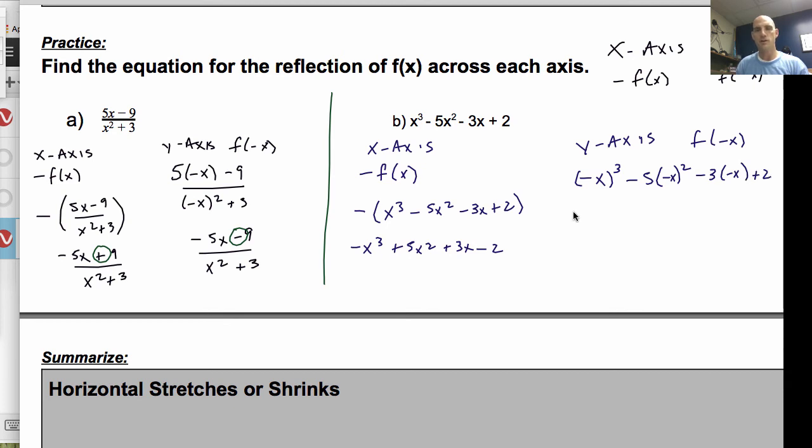So I've got negative x cubed. Now notice, it's a negative x cubed, so x cubed is negative. And this one would be minus 5x squared, so that doesn't change. And this would be plus 3x plus 2. Okay, so notice the difference here. I've got a positive and a negative there, and the 2 is also different. I've got negative 2 and a plus 2. It's significant. Slight change, but significant.